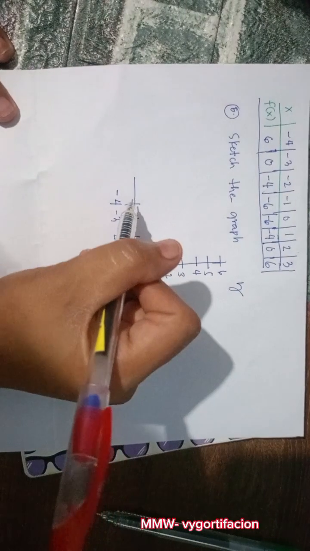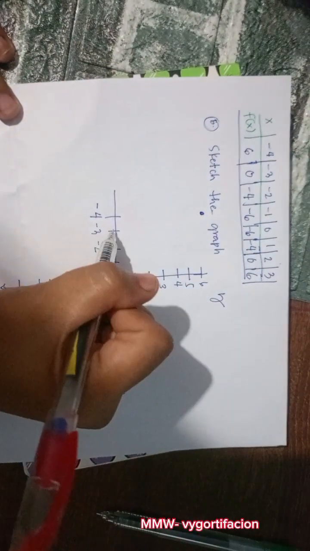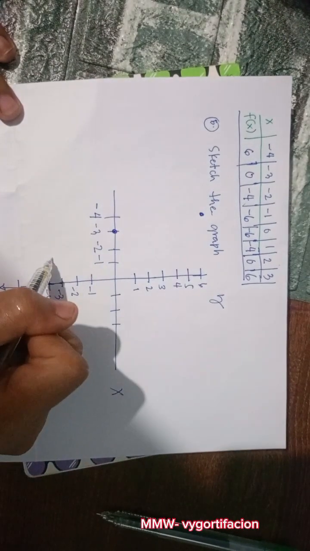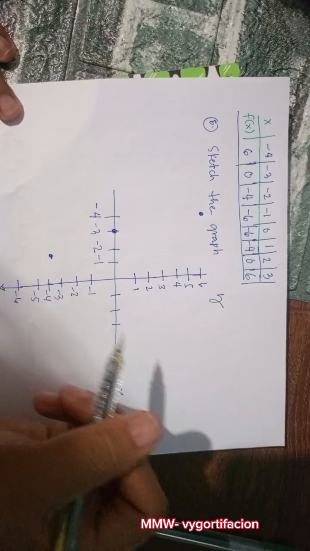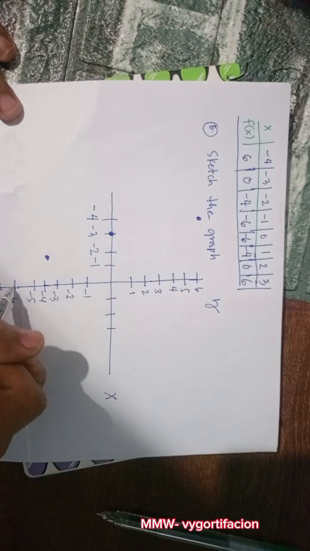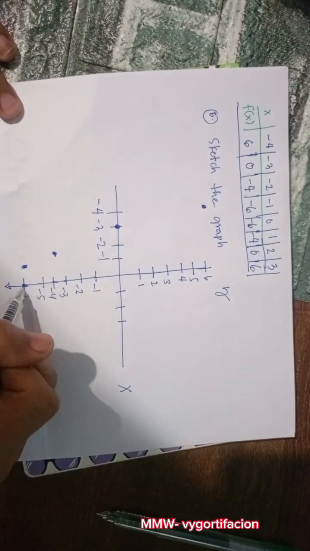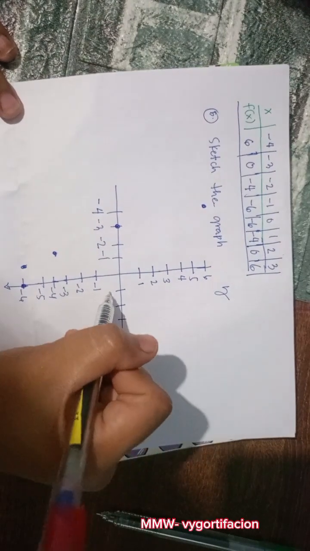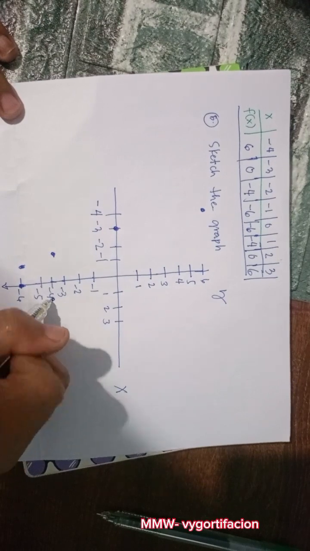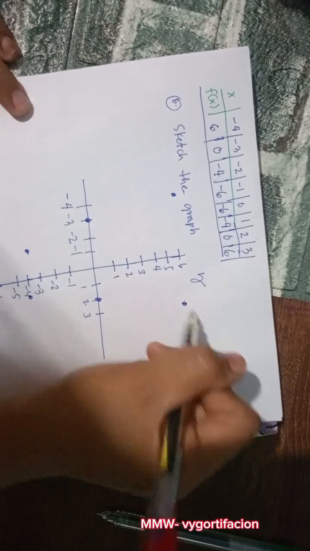So negative 4, plot it at 6, then negative 3 is 0, negative 2, negative 4, next is negative 1, negative 6, then 0, negative 6, 1, negative 4, 2, 0, and then 3, 6.